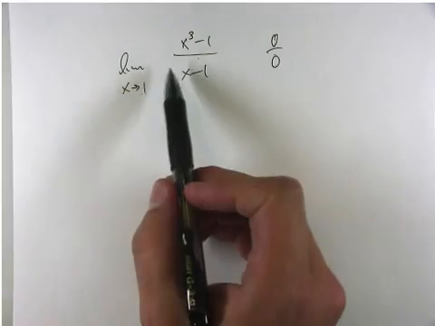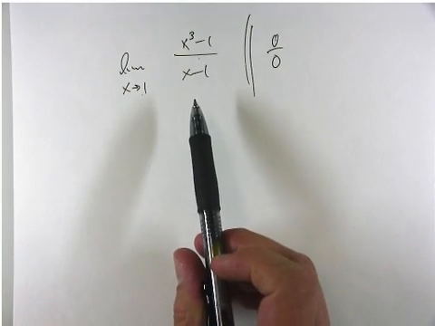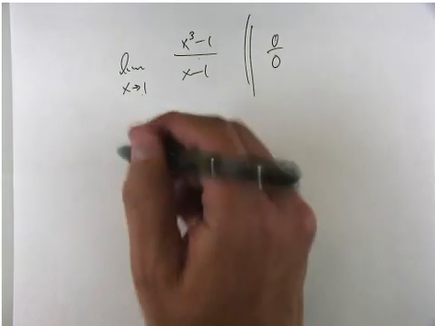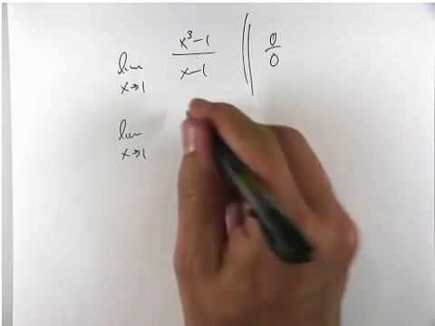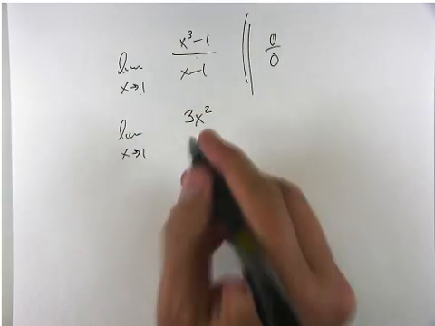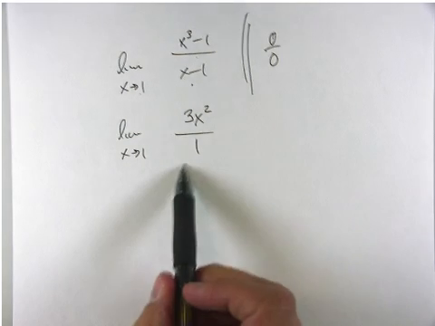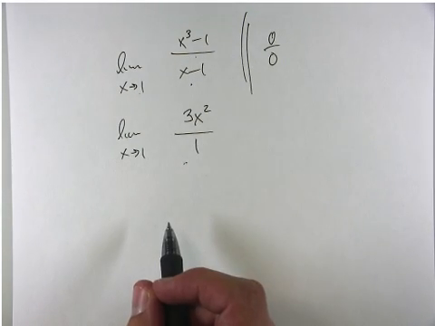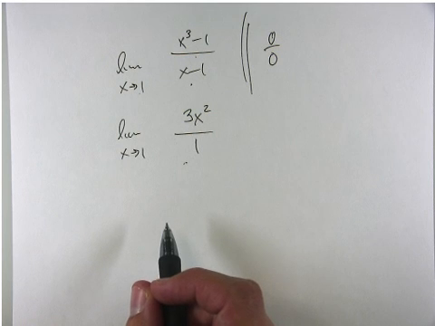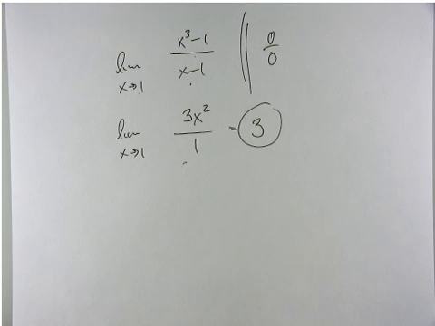And I know that I don't have to be able to factor this. I can just use L'Hopital's rule. The derivative of x cubed minus 1 is 3x squared. The derivative of x minus 1 is 1. So what's the limit as x approaches 1 of 3x squared over 1? 3. Ta-da, done. I don't have to factor. I can just use L'Hopital's rule.